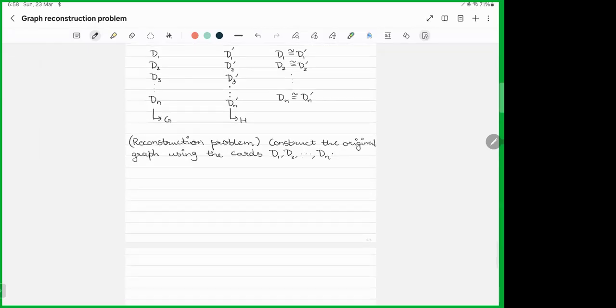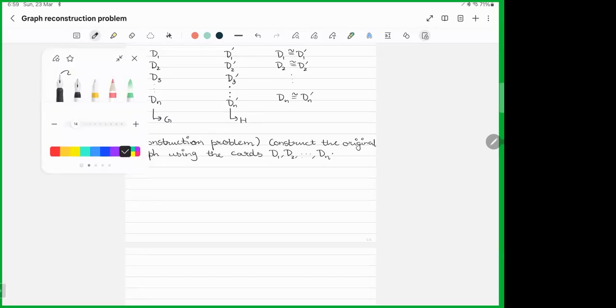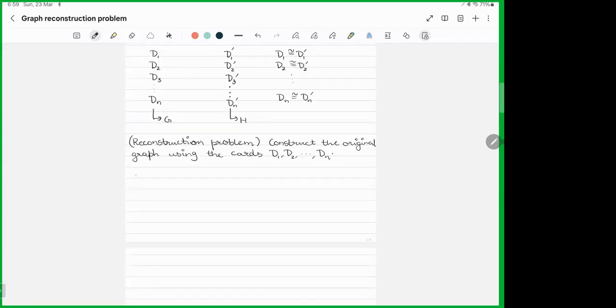So we have seen that we can construct some of the properties of the original graph. Now I will relax a condition on the problem. What I did before was give you all the n minus 1 induced subgraphs and ask you to construct the original graph.